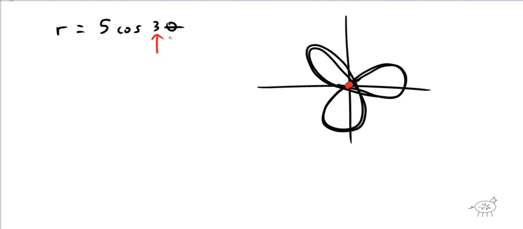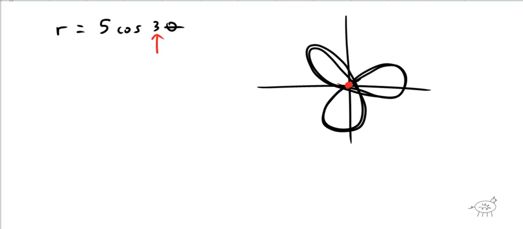Isn't cosine of 90 degrees equal to 0? And isn't cosine of 270 equal to 0? So there are 2 answers, and then you triple that number of answers. So you actually have 6 answers, which is what I just did here. When I created this rose, I touched the pole 6 times going around, once to trace it, and then once more to trace over it again.